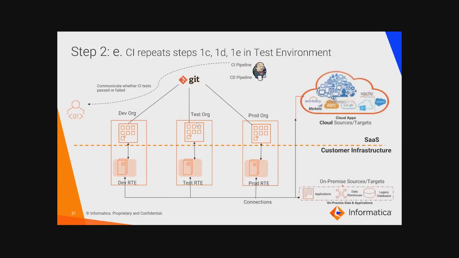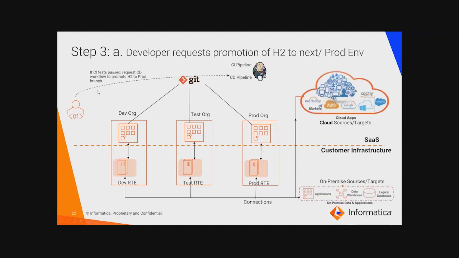So the user can submit a request for the CD pipeline after the CI process is completed in the test org. In the CD pipeline, it will be a request for migrating the code to the prod environment. Now they are requesting for migrating the code to the prod environment.